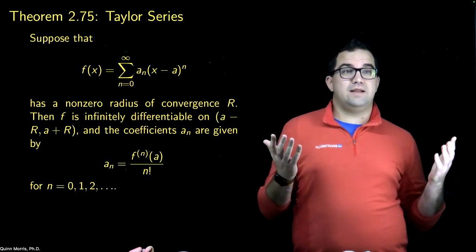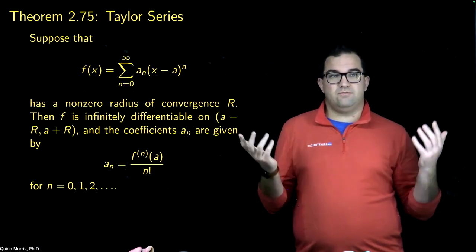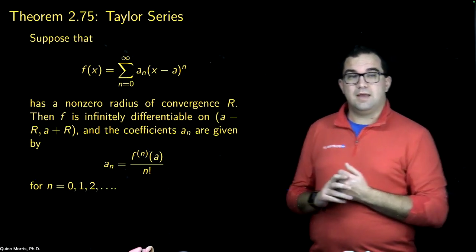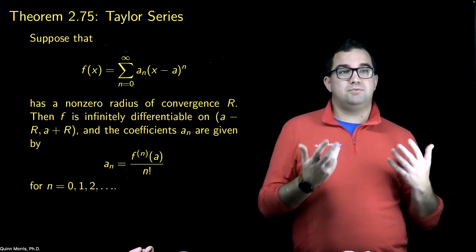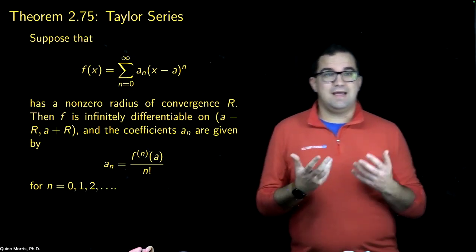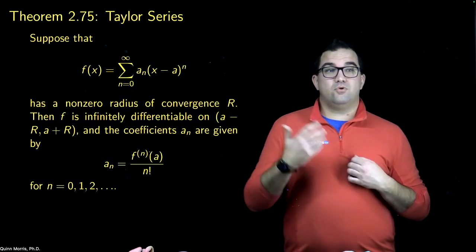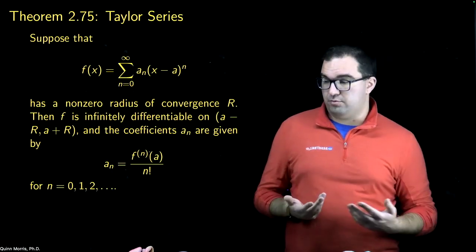There's no other way to do it because any other way I try would be a different representation, and the power series representations are unique. So all of this theory really builds up to the fact that we can write down Taylor series and there's only one that's going to work. And then, of course, those Taylor series are power series, so you can differentiate them term by term.